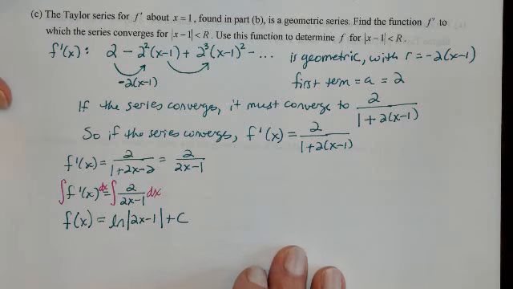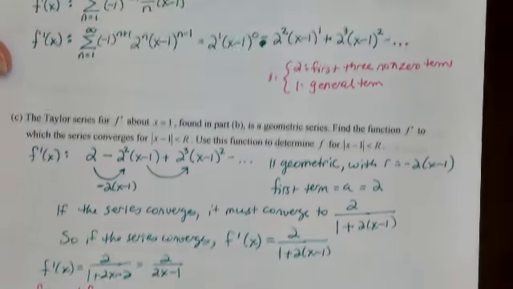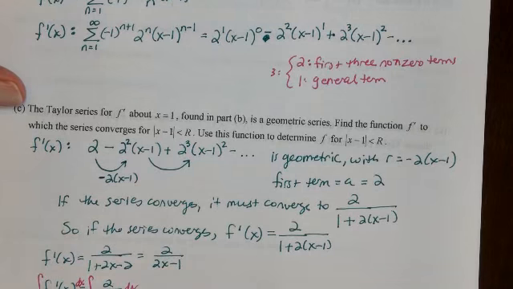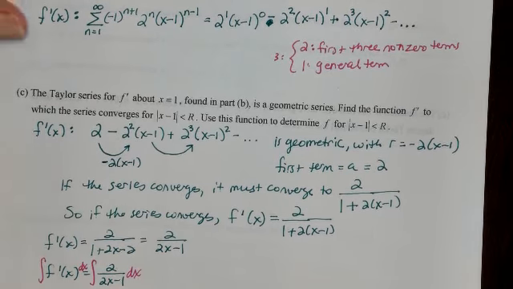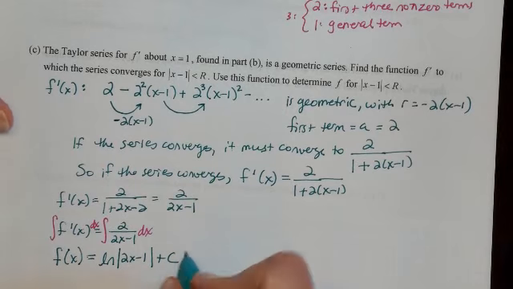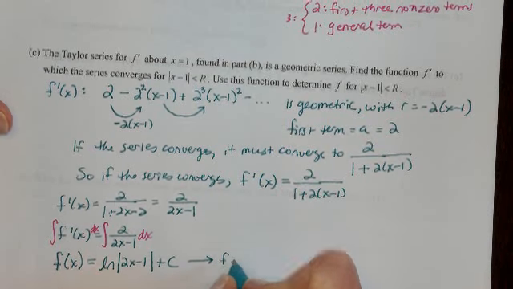Okay? Now, my question is, how do we find c? We need a way to find c. Well, up here at the top, do we know what f of 0 is? Do we know what f of 1 is? 1 is our center value. So to find c, we need to know an initial condition, right?